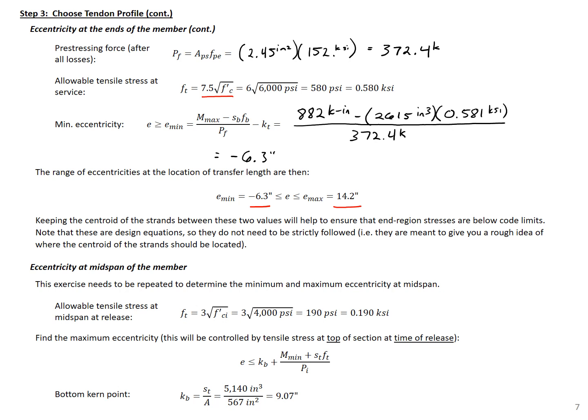So after we find the minimum and maximum eccentricities at the end of the member or at transfer length, then we can do the same thing at midspan. So we can figure out our allowable tensile stress limit at midspan. We can also then figure out our bottom kern point at midspan.